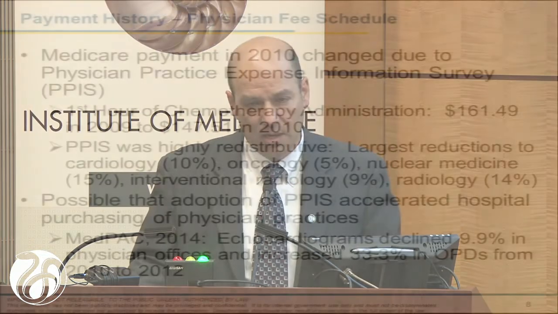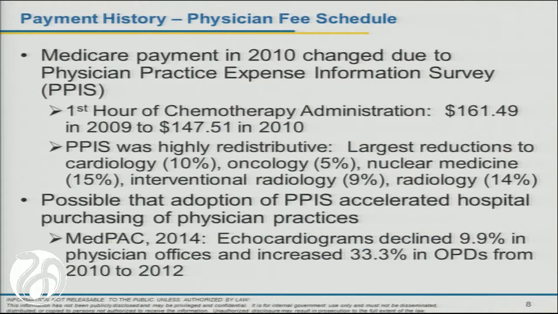So in the physician fee schedule, I think one of the prior speakers did mention how payment has changed under the physician fee schedule for drug administration going back, I would say probably from 2005. Large increases between 2003 and 2005 for payment for drug administration under the physician fee schedule.